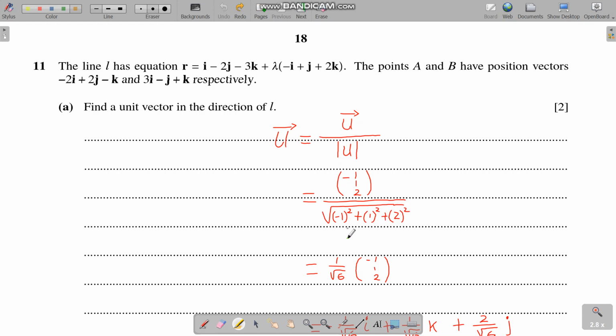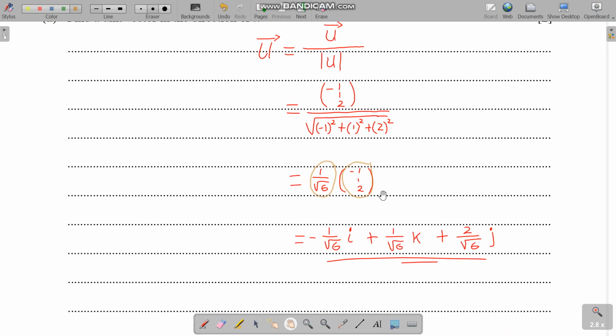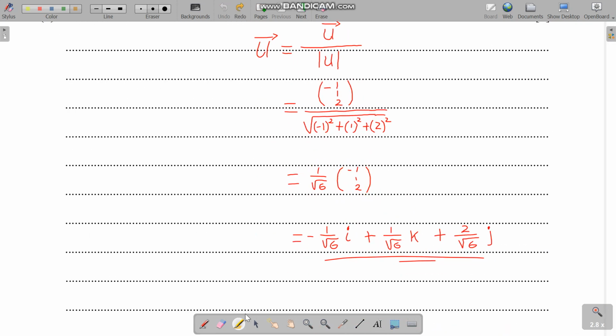So we have this vector divided by root 6, or 1 over root 6 times this vector, or if you want to write it out, minus 1 over root 6 i plus 1 over root 6 k plus 2 over root 6 j.